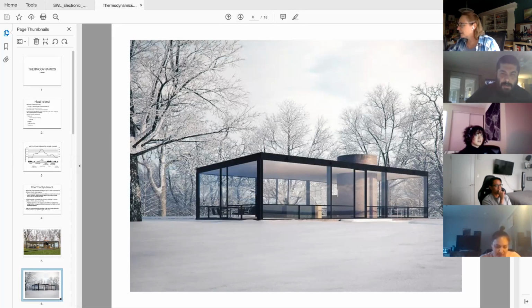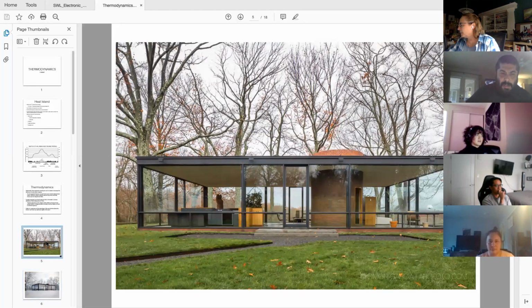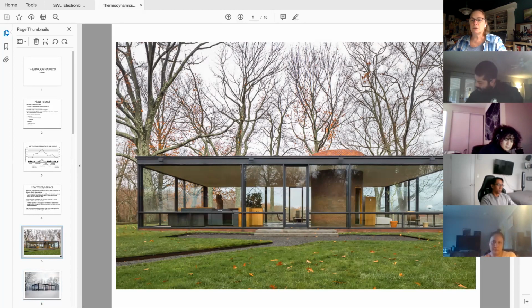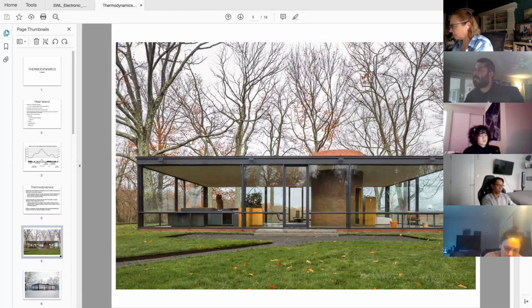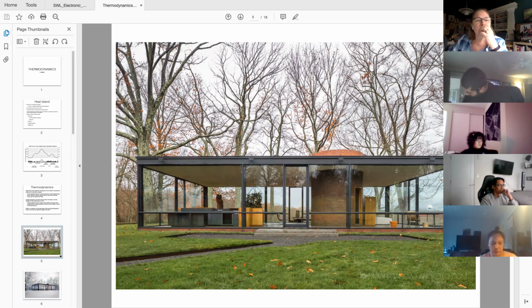How old is this house? Oh gosh, when was this built? Because I feel like that's kind of the trend right now, doing glass houses in the woods. Yeah. Let me do this. This is one advantage actually of doing things virtually. Glass House, Philip Johnson.